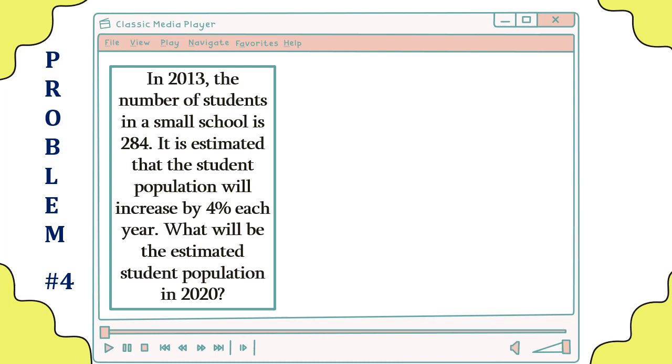Next, what are we going to solve right now? Is it a specific value of a particular term, or the sum or the series of a given sequence? What will be the estimated student population in 2020? In 2020 only, and that means you are going to find the value of a specific term only. Now, let us identify again what will be our n.